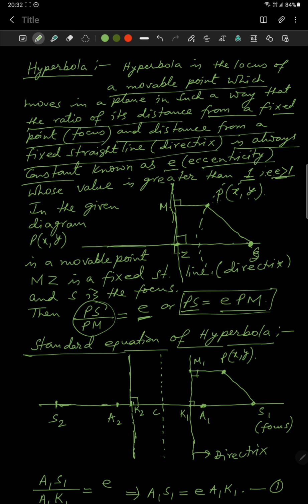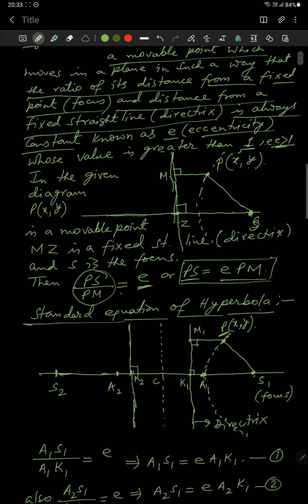If this point P is moving following the definition of hyperbola, then it could be something like this, and I will explain how. As I have already told you, PS1 divided by PM1 is equal to PS by PM is equal to E, which is greater than 1.